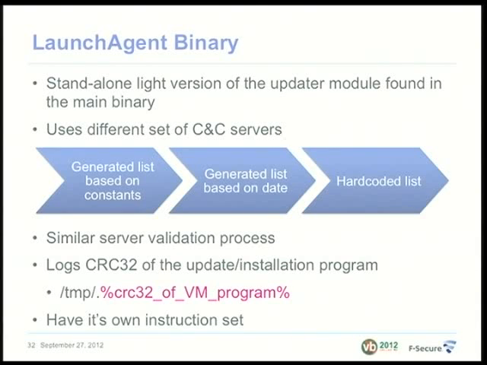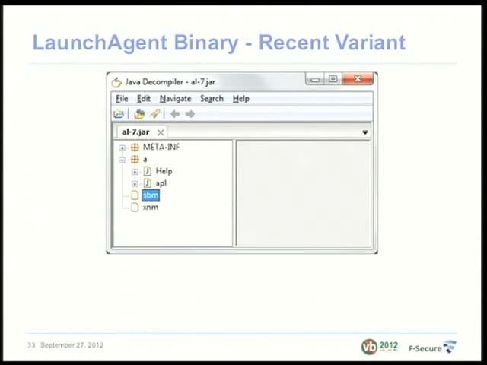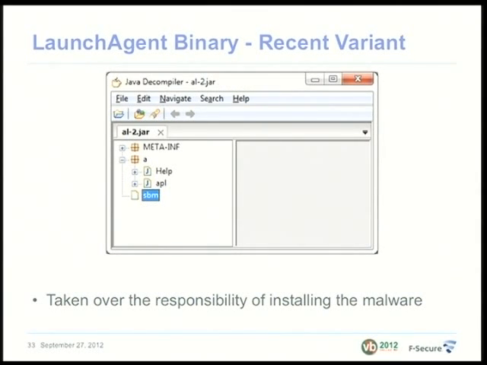And finally, it has its own instruction set. Previously, the launch agent binary was distributed together with the installer binary. However, in the most recent variants, that is no longer the case because the launch agent binary has taken over the responsibility of installing the rest of the components to the system.